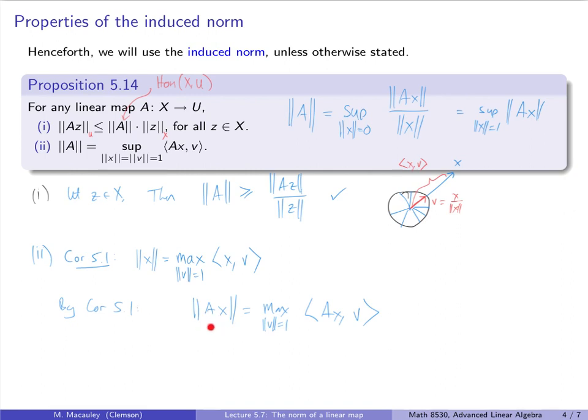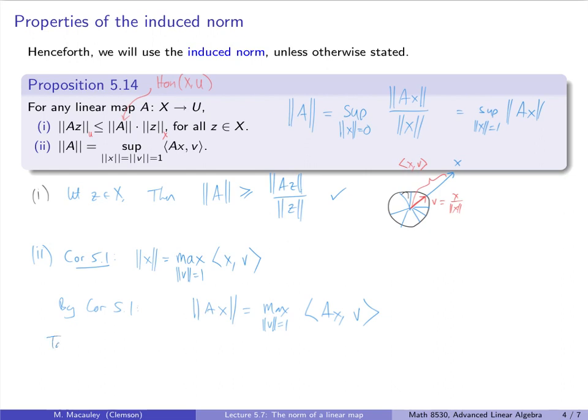So if the left-hand side equals the right-hand side, we can do anything we want to both sides. We can add 1 to both sides. We can multiply both sides by 2. And one thing we can do is we can take the supremum of both sides over all unit vectors x. Now, the left-hand side is, well, how about if I write that here?